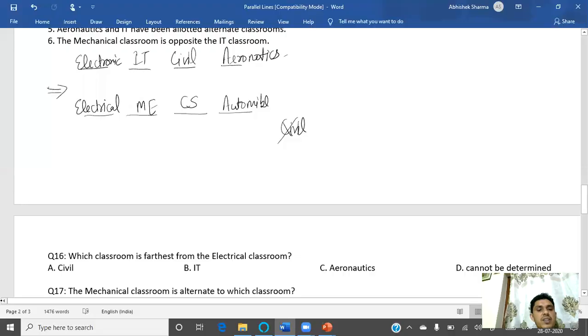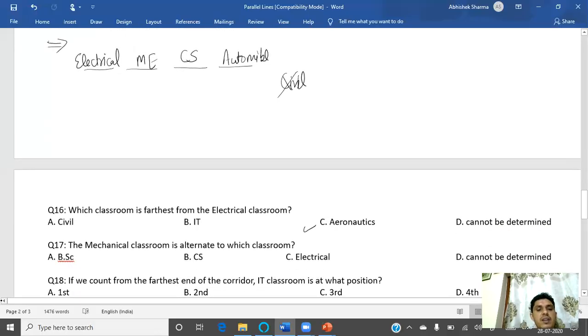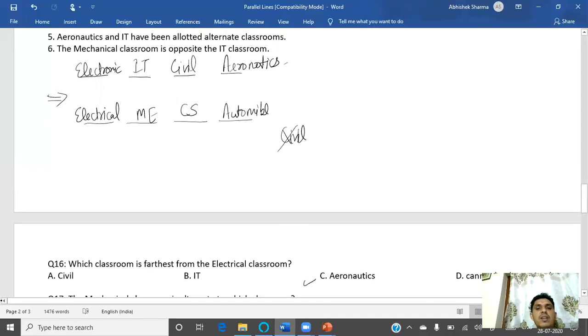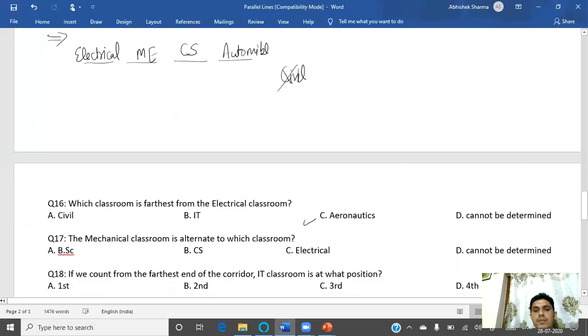Question number 16 is, which classroom is farthest from the electrical classroom? So the answer will be aeronautics. C will be the answer. Question number 17, the mechanical classroom is alternate to which classroom? The mechanical classroom is alternate to the automobile classroom. So the answer will be none of these.